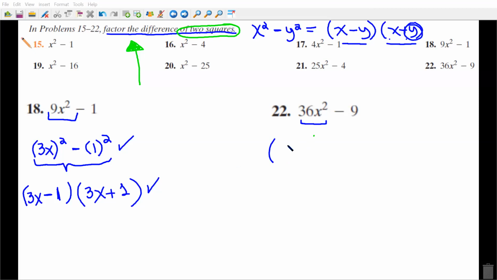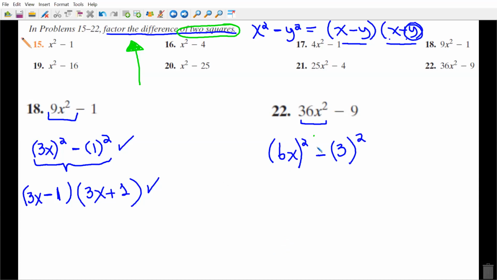Thank you very much. 6x squared, right? Minus 3 squared. Why 3, guys? Because it's the square root of 9. Yes. The square root of 9 is going to be 3. 6x squared minus 3 squared.